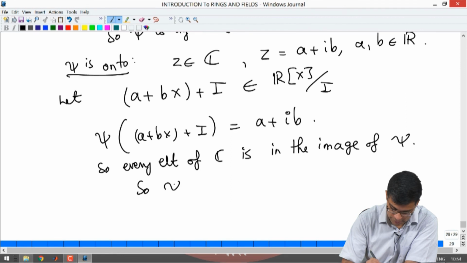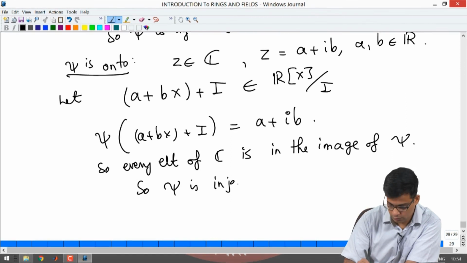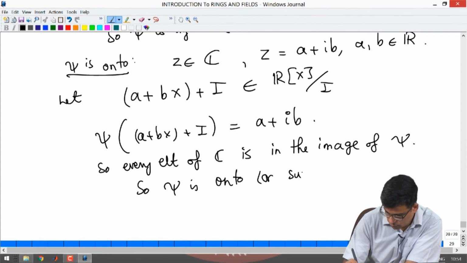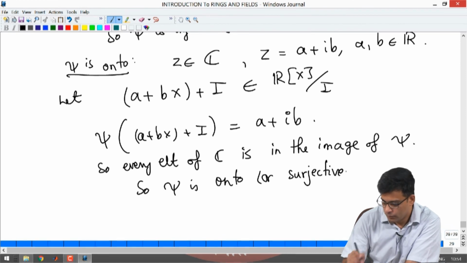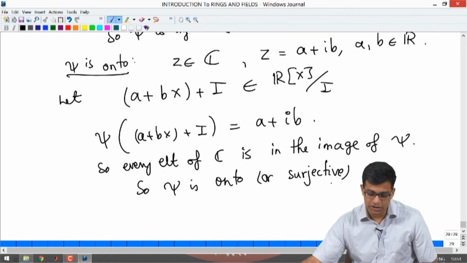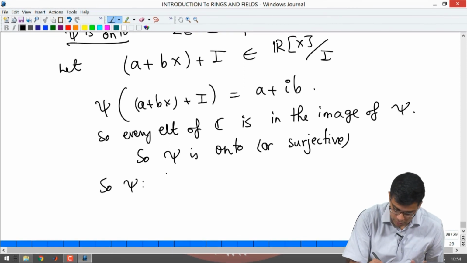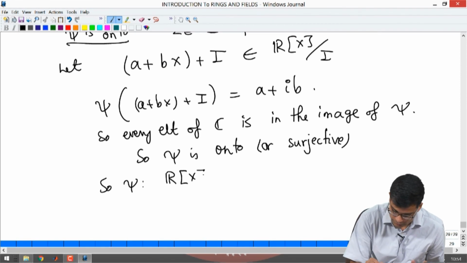So, psi is surjective, or onto. So, we have a surjective injective ring homomorphism. So, psi is an isomorphism.